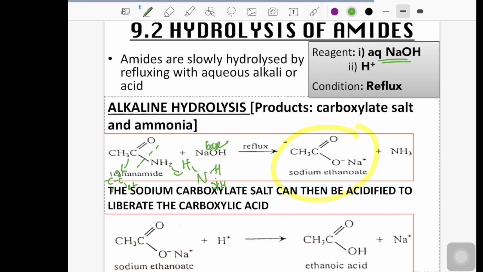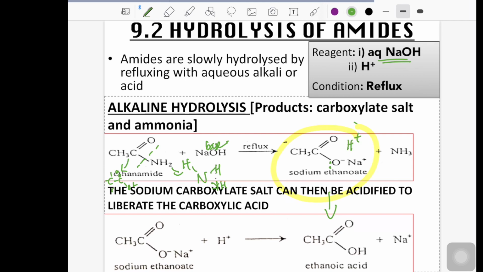Now, if I get sodium ethanoate, but I want to collect the acid, there's an additional step. When you have an ionic salt and you want to convert it to a COOH, you just need this ethanoate ion to pick up H plus.